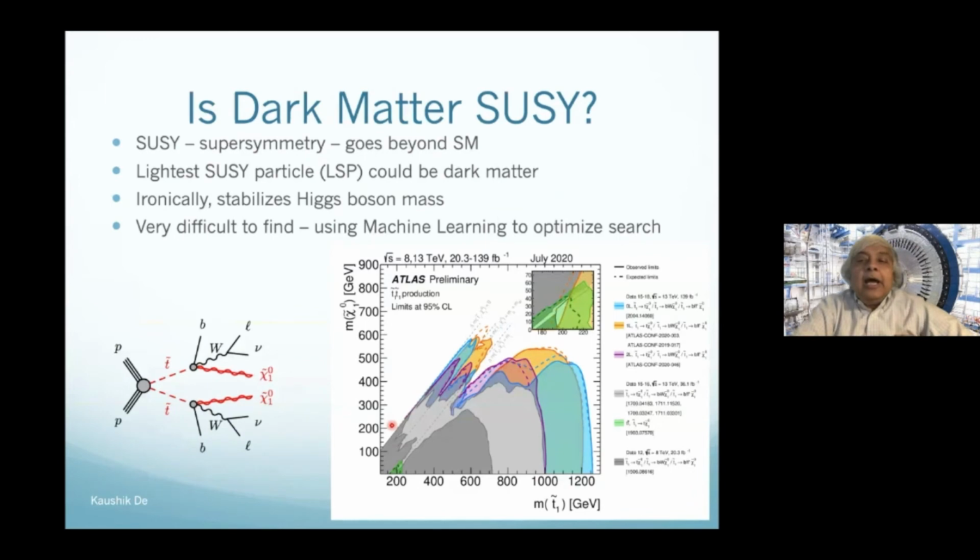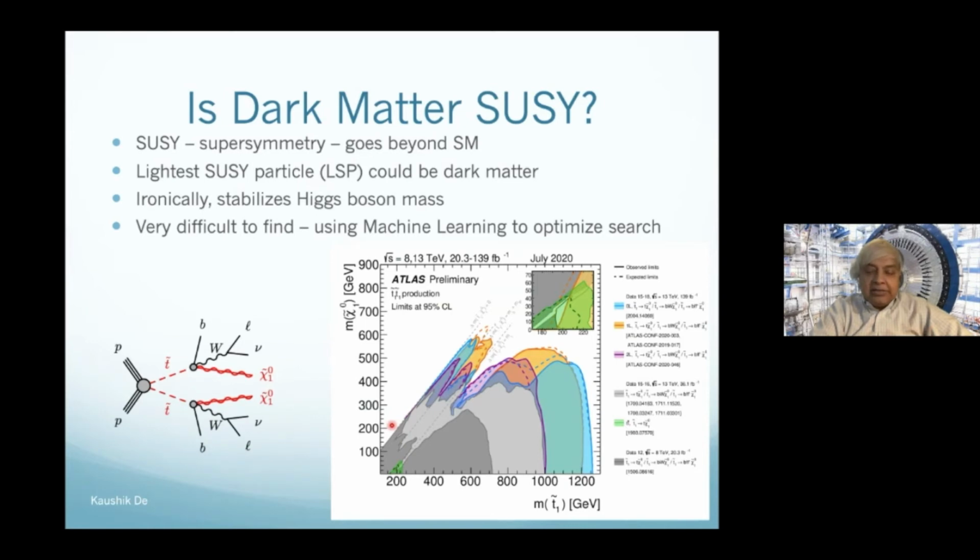As I said, I'm going to talk at a very high level. So let's jump to the specific physics topic that I'm most interested in. I've been searching for dark matter, and one of the theories that predicts dark matter is supersymmetry.